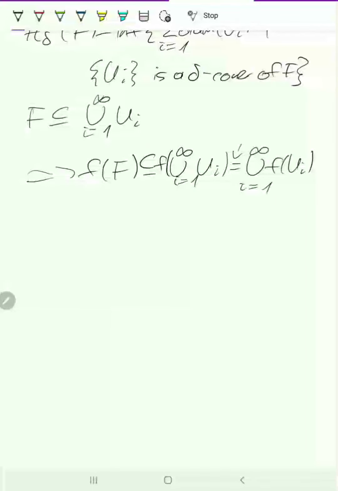You have to be a little bit careful here. This holds for the union, but not for the intersection, but probably you know that.